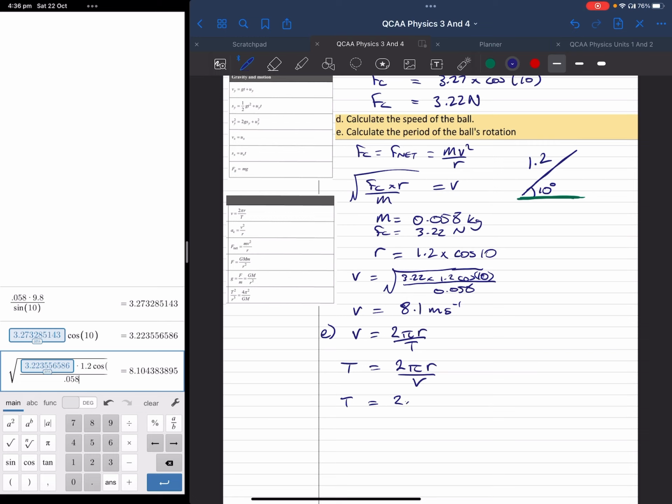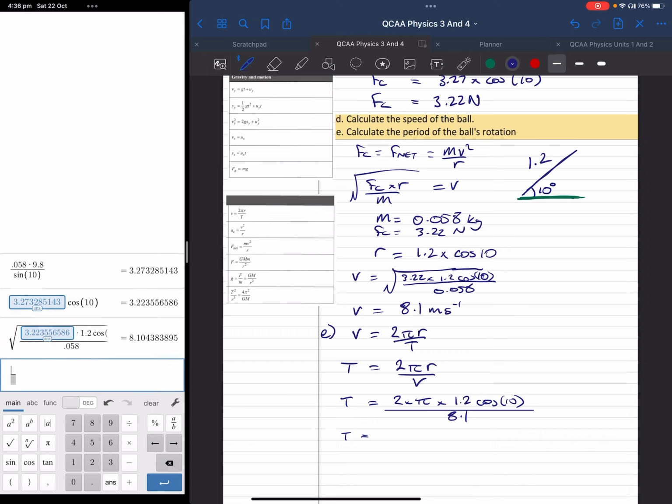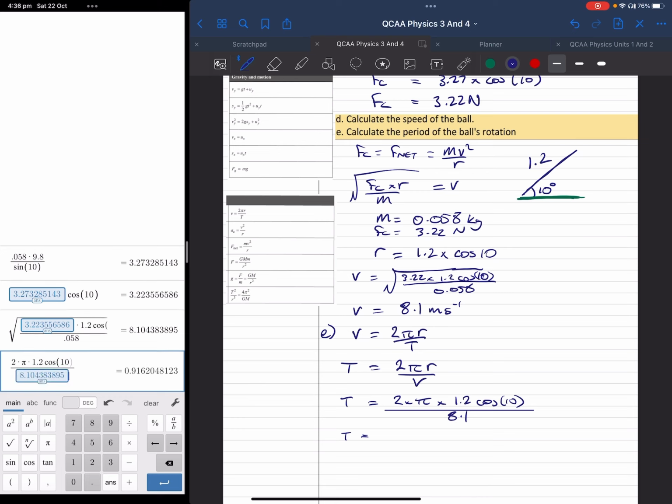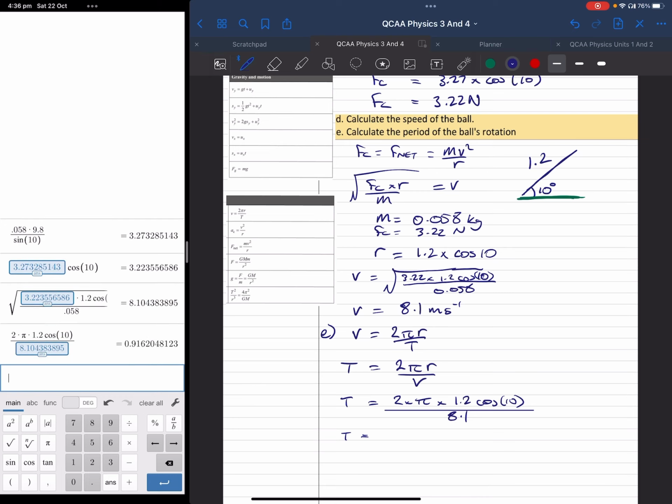T is 2 times pi times 1.2 cosine of 10, all divided by 8.1. Two times pi times 1.2 cosine of 10, all divided by answer, which gives us a period of 0.916 seconds.